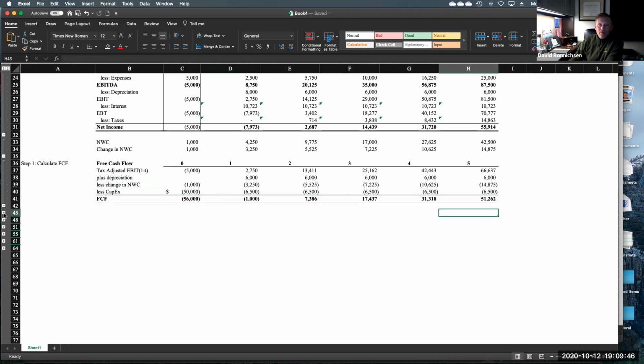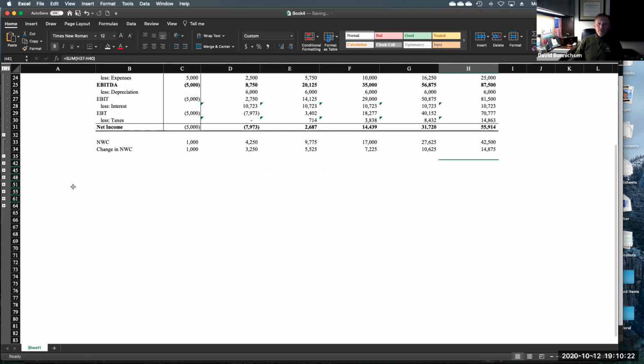So the next step, if we're going to get down to what the present value of these future cash flow streams looks like, we've got to revert back to the future value formula. Future value equals present value times 1 plus the rate raised to the number of periods, or what period you're in. So we have to take each one of these future cash flow streams in future dollars and bring it back into today's dollars.